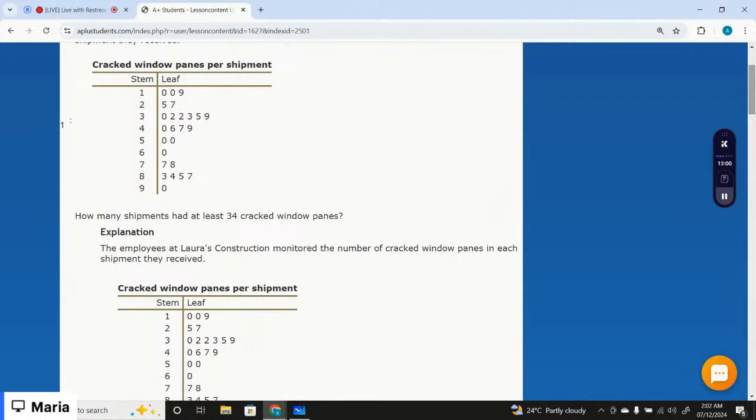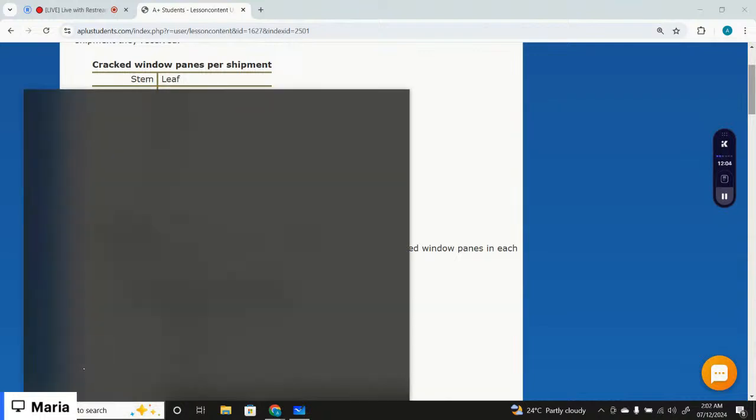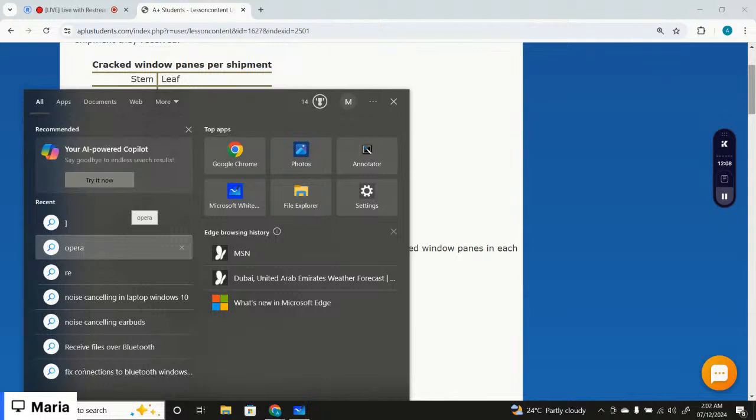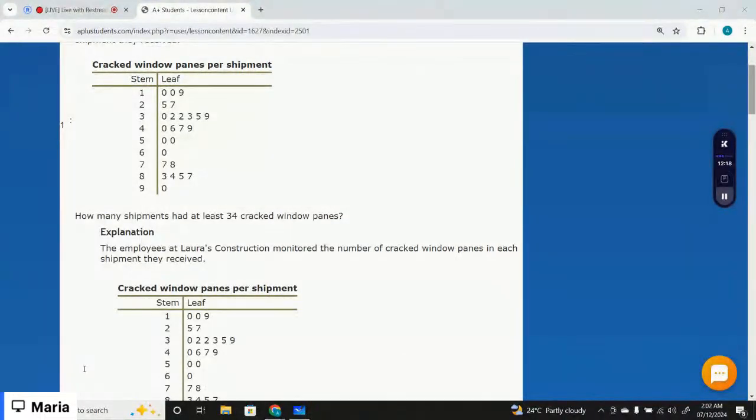So basically, from the stem and leaf plot, how do you make the numbers? Take a sample. The stem is 1, the leaves are 0, 0 and 9.